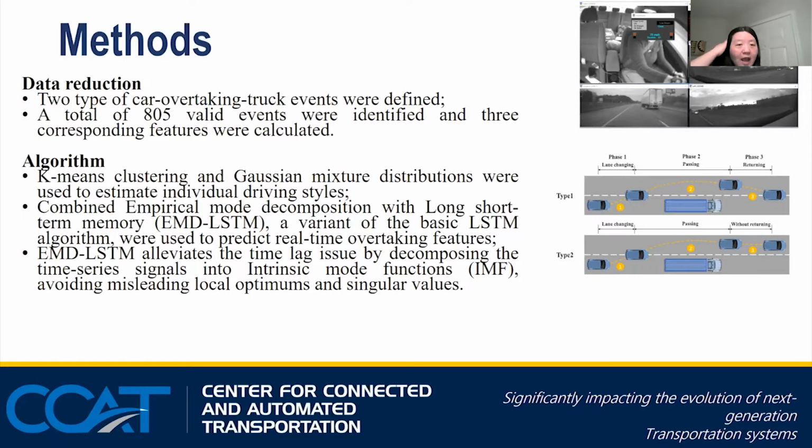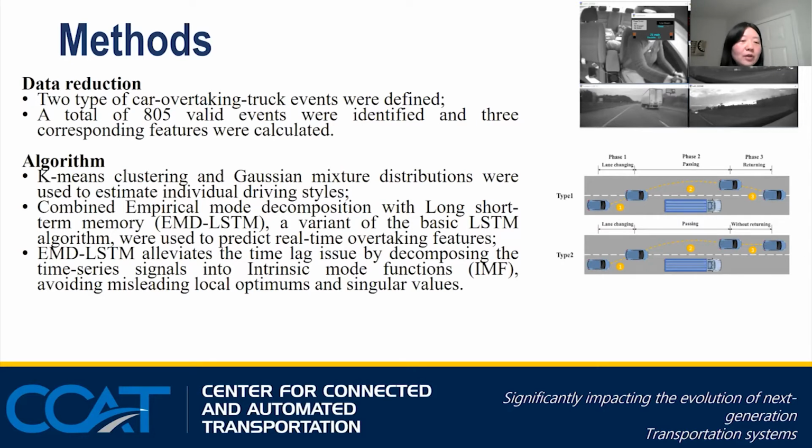database. And the algorithm we used is, first of all, the k-means clustering method to classify the different driving styles, and we use the Gaussian mixture distributions to map with each of the driver groups.